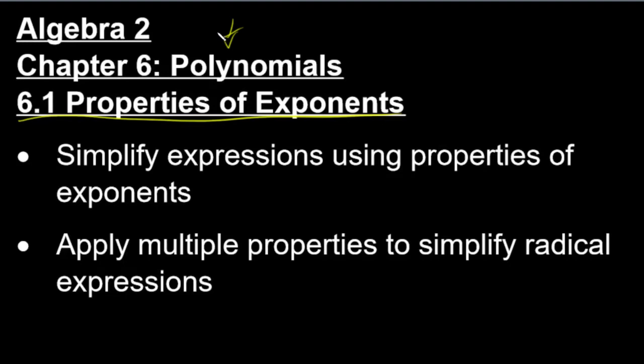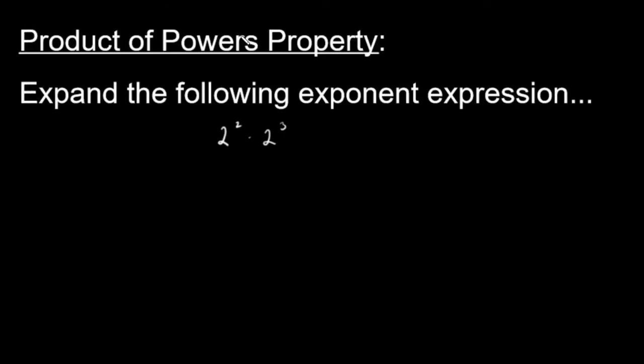So let's go ahead and get started. I'm going to break down these exponent properties pretty well, and I'll explain exactly why they are the way they are, and I'll explain in multiple ways how they're true. So let's start with these names.